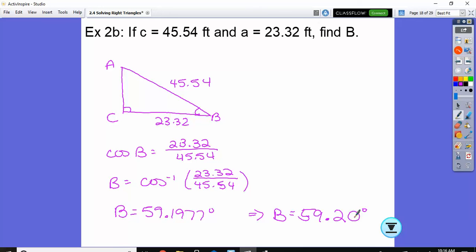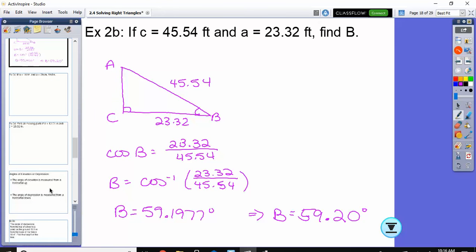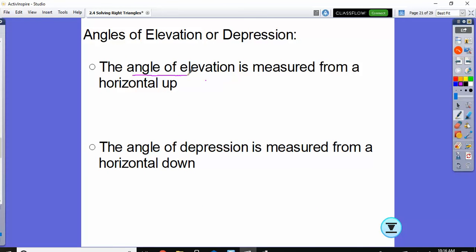One other thing I want to talk about in this section are angles of elevation and depression. An angle of elevation is from a horizontal up. In other words, you start with a horizontal line and you move up from that.